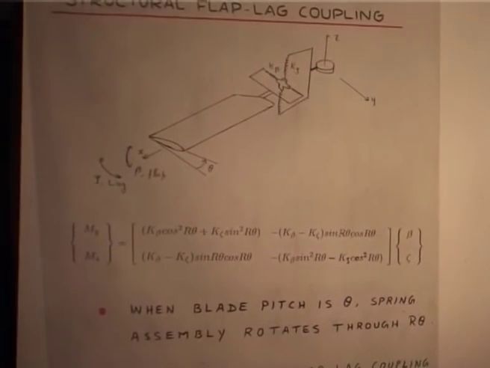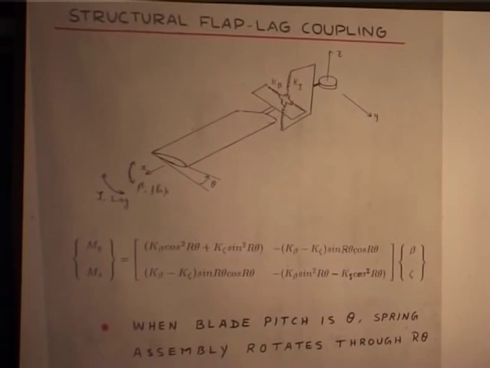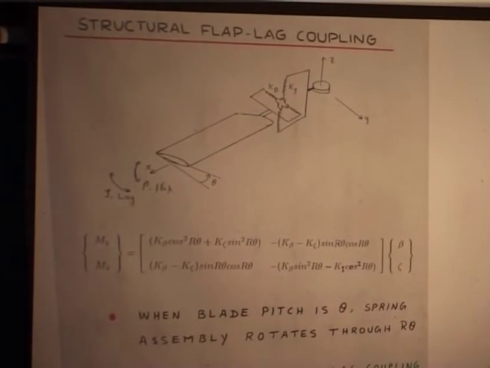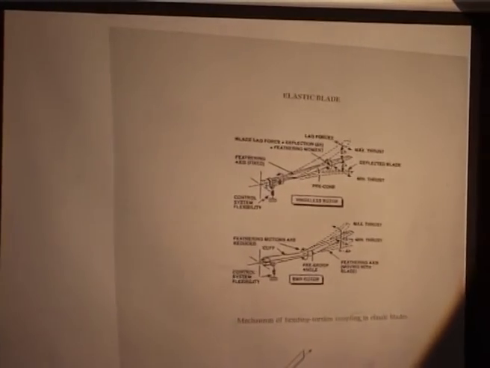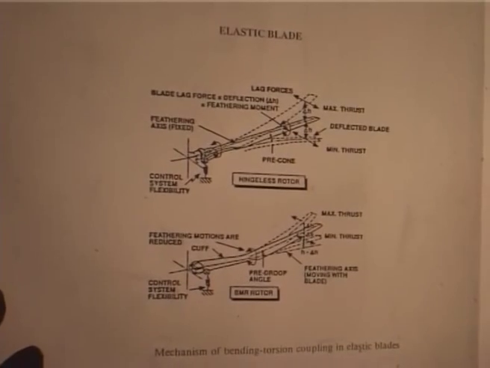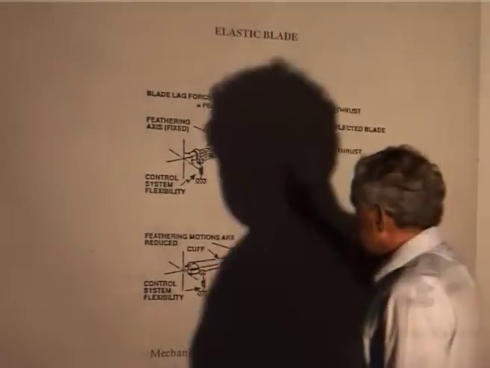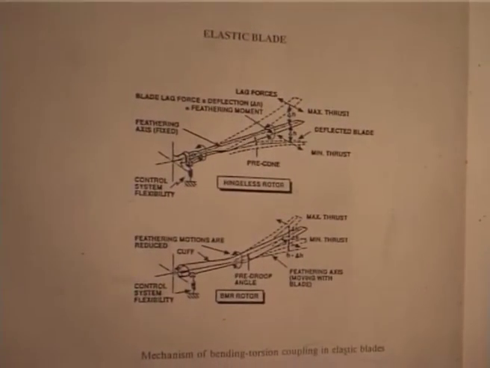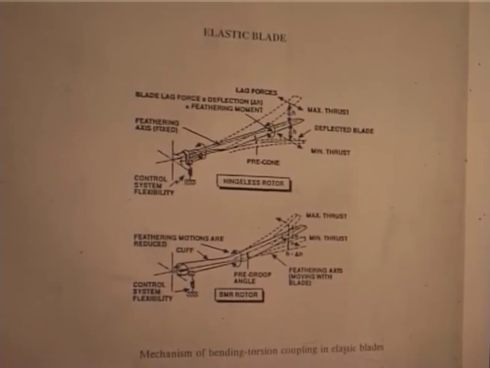The other case which I want to tell you, how the flap lag coupling will come, is because of this. This picture I do not know whether, see, I will show this diagram. This is a bit messier, taken from some reference.